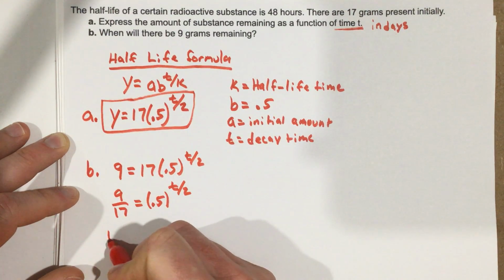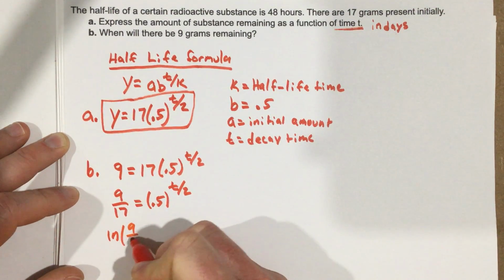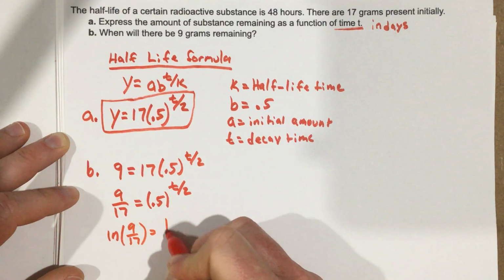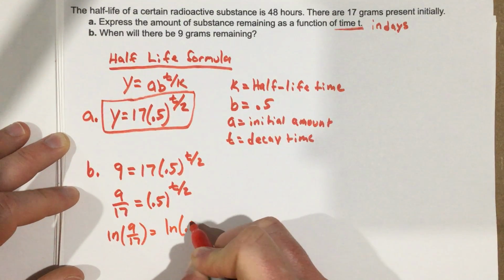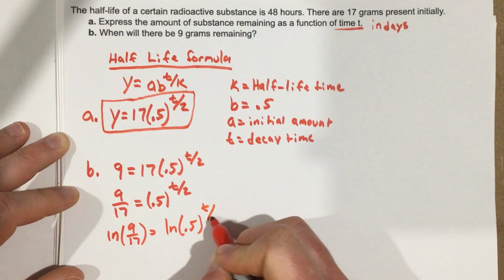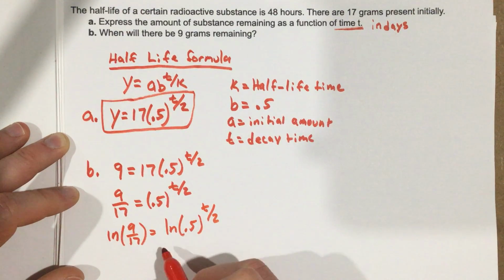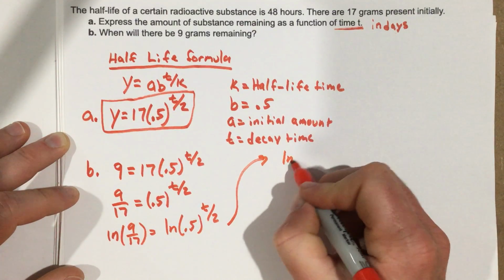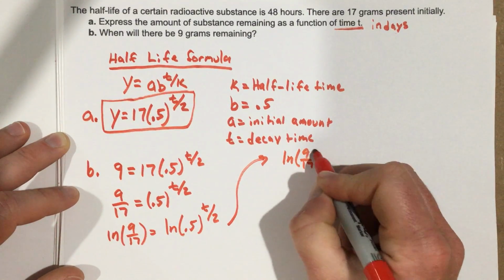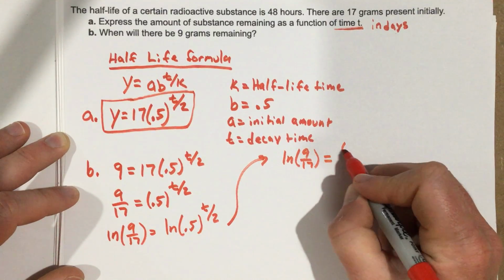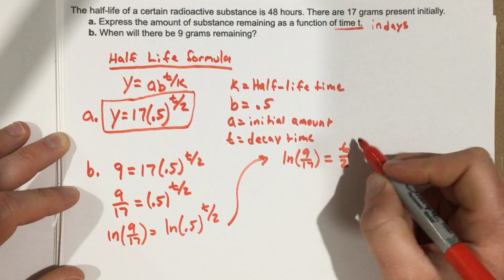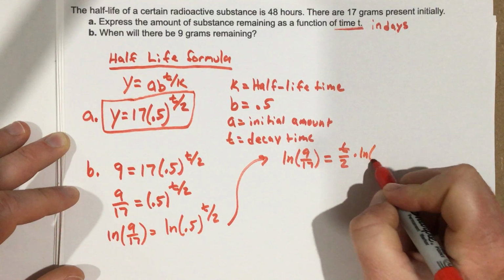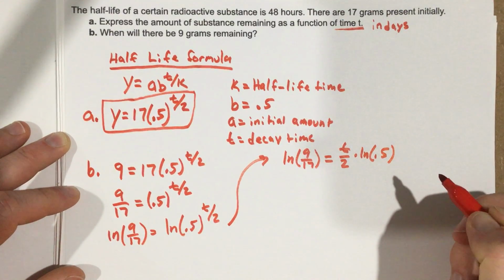I'm going to use natural log. So natural log 9 over 17 equals natural log of 0.5 to the t over 2. I'm going to rewrite this over here, and we end up with a natural log of 9 over 17 equals t over 2, when I bring that exponent to the front, times natural log of 0.5.